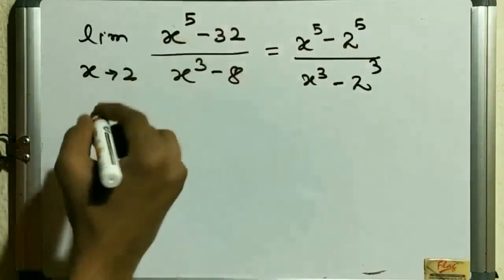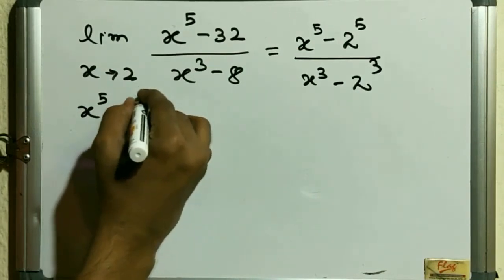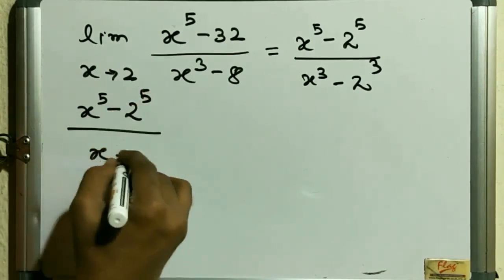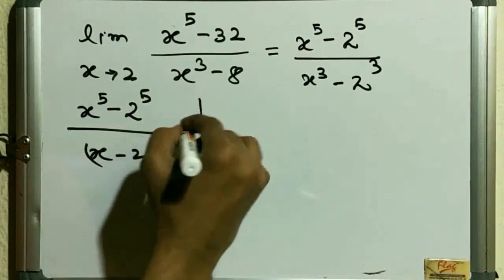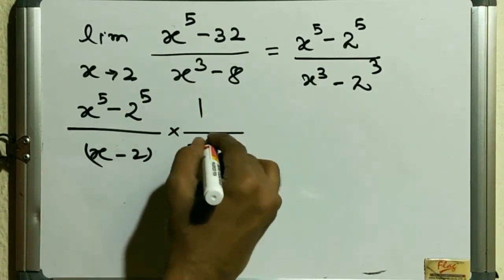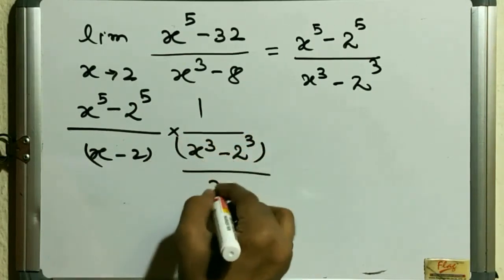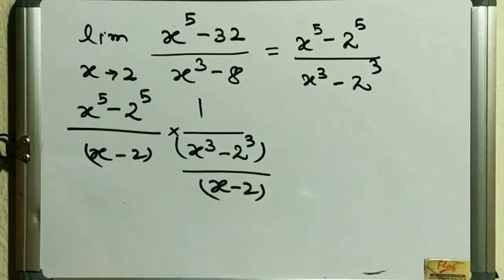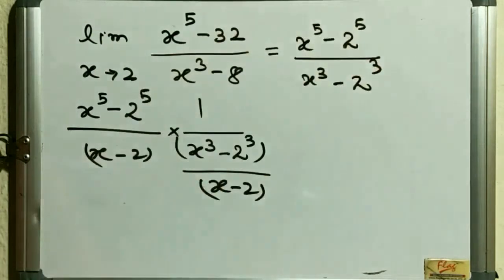Moreover, we can write this expression as (x5 minus 2 to the power 5) divided by (x minus 2) into 1 by (x cube minus 2 cube) divided by (x minus 2). So we are not disturbing the net value of the given expression.